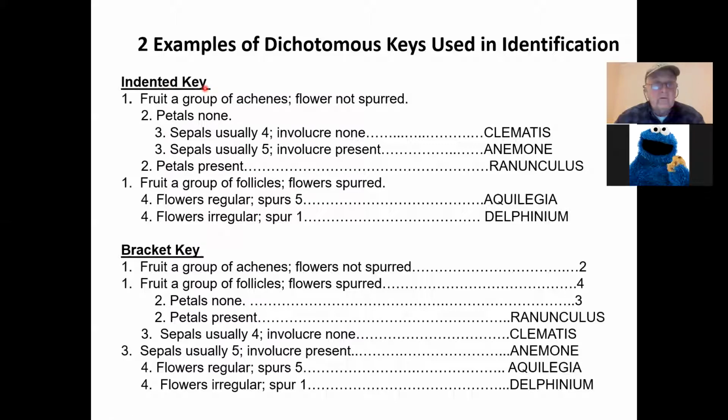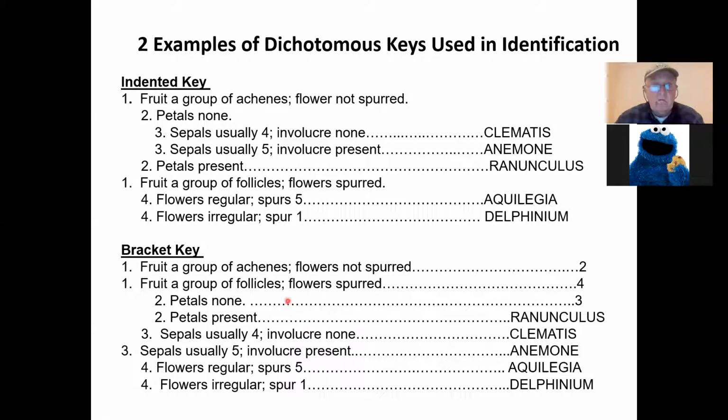There's advantages to either system. One of the disadvantages used to be called out for a bracket key is you couldn't backtrack very well if you made a mistake. A remedy for that is to put in parentheses where you were before. That's how you would solve the problem of backtracking. You would actually put in parentheses somewhere down here where you came from to get to different steps.